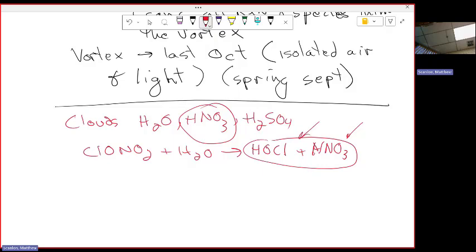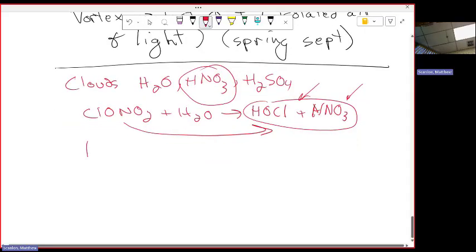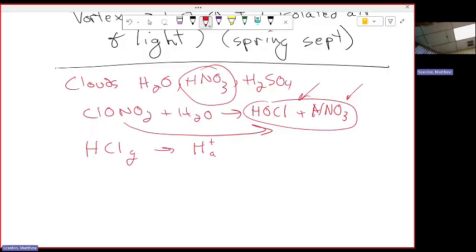So as long as we have these polar stratospheric clouds, we remove the reservoir. Our ClONO2 gets converted to HOCl. We also have HCl on the surface. This reservoir gets converted to H+ (aq) plus Cl- (aq) on the surface of the clouds, the surface of the water droplets.